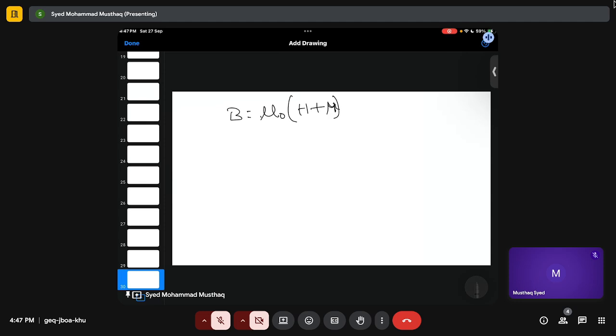Now, if my material is linear, then my magnetization is proportional to H, with the constant called susceptibility. H is called the magnetic field strength.